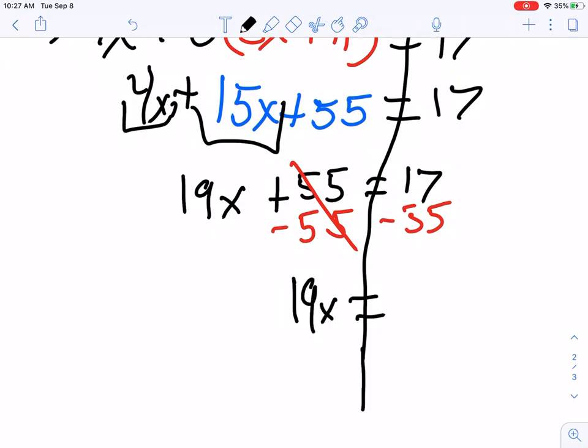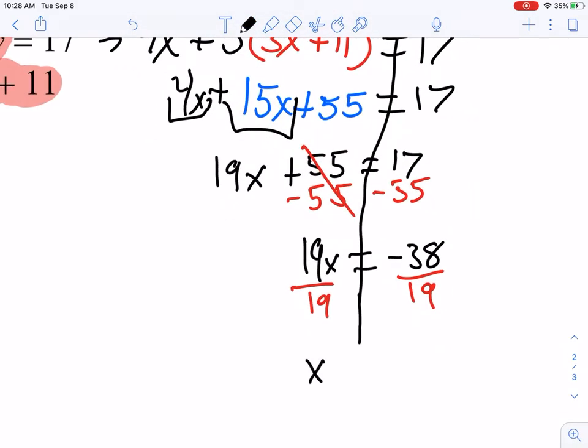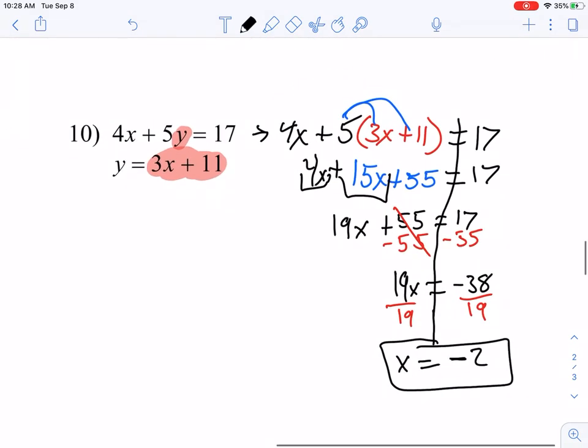And that's going to give us a negative 38. So now I can divide 19 to both sides to get x by itself. And we find that x is equal to negative 38 divided by 19. Negative divided by positive, signs are different. We'll get a negative and 2. 38 divided by 19 is 2. So x is negative 2.